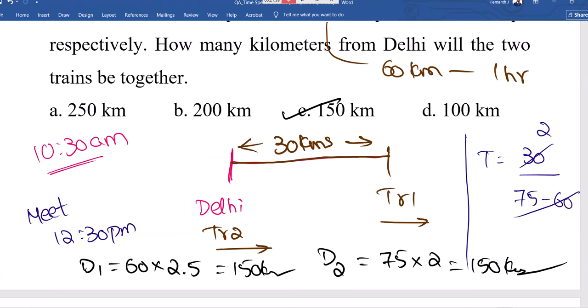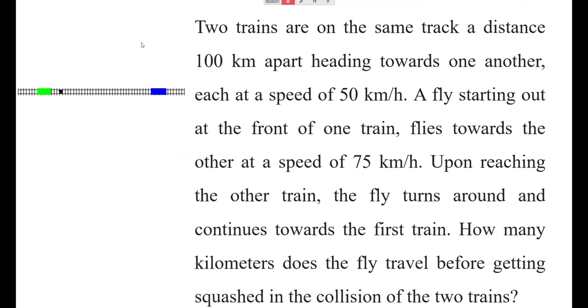Very good question. Three objects are on screen: two trains traveling in opposite directions with 100 kilometers distance between them. Train one moves in this direction with 50 kilometers per hour.